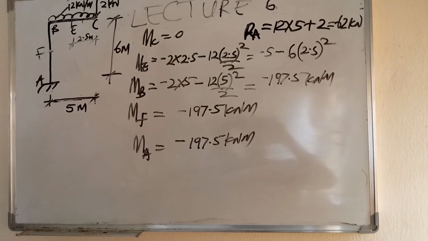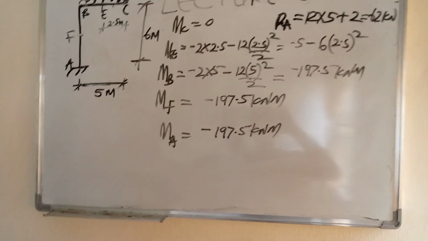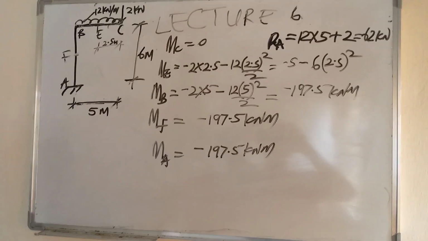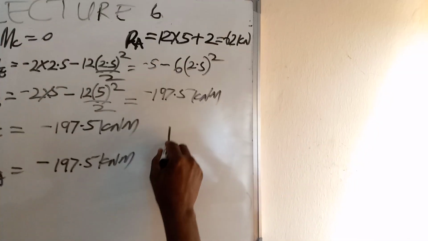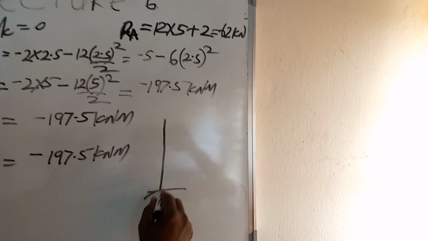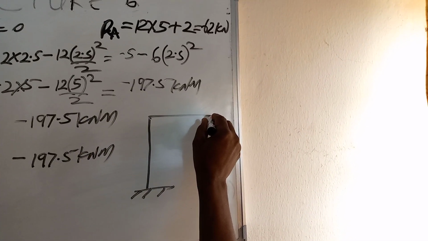We will now draw the bending moment diagram. So if I draw the bending moment diagram, we have something like this. At point C, moment is 0.